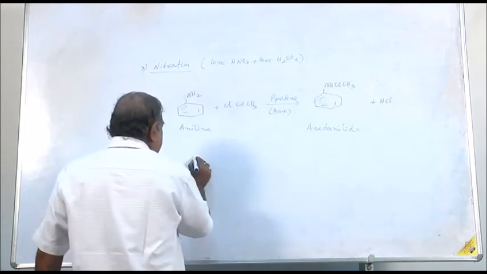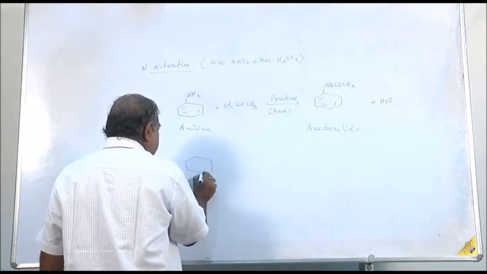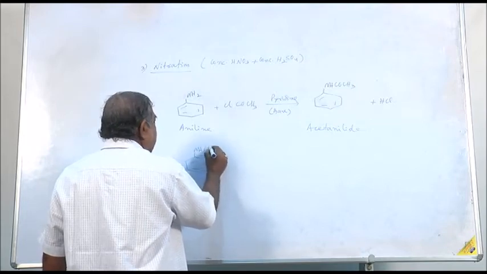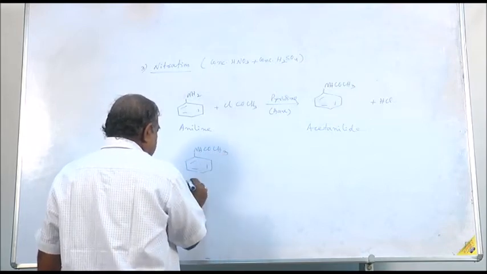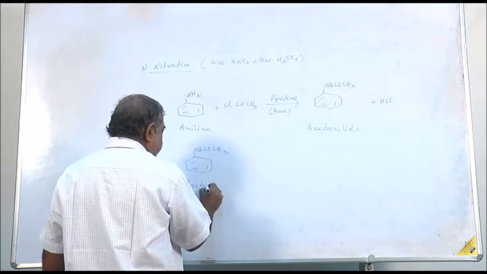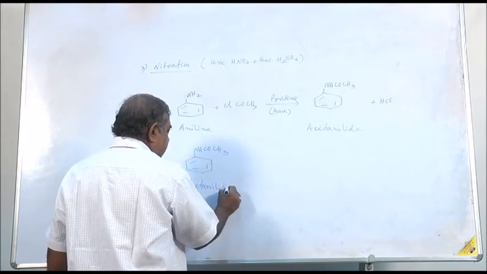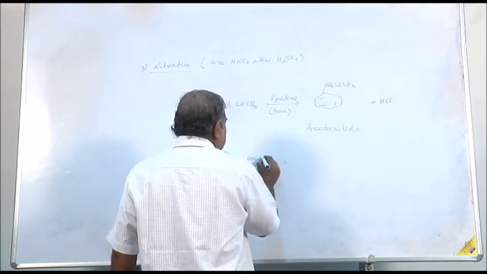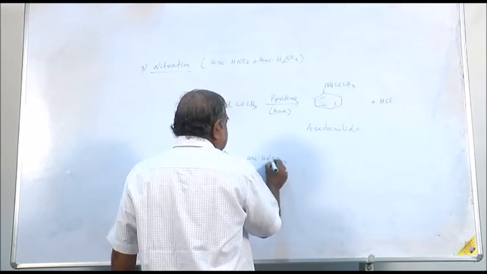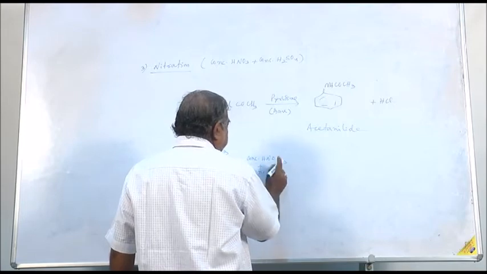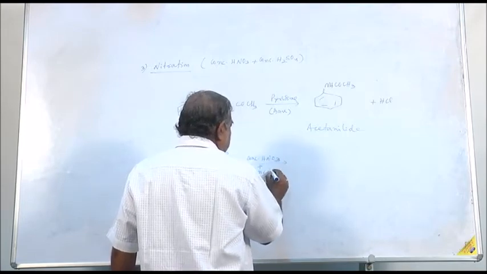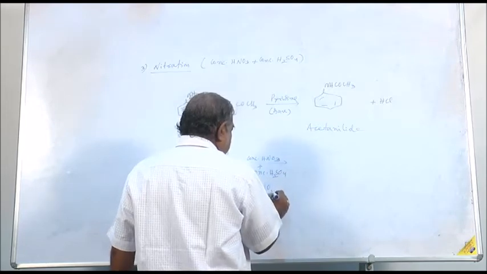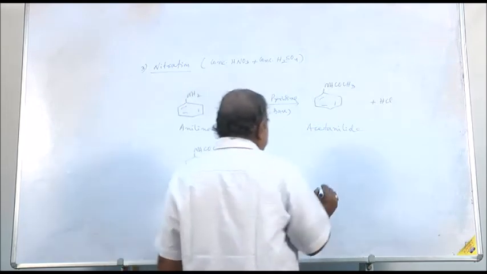When this acetanilide is now subjected to nitration, that is by using a concentrated nitric acid plus concentrated sulfuric acid mixture, the nitronium ion is the electrophile.